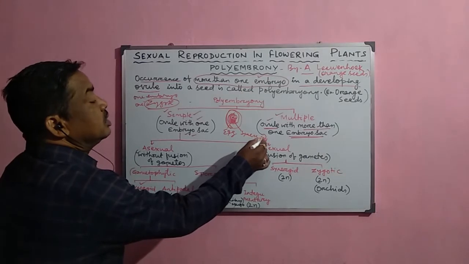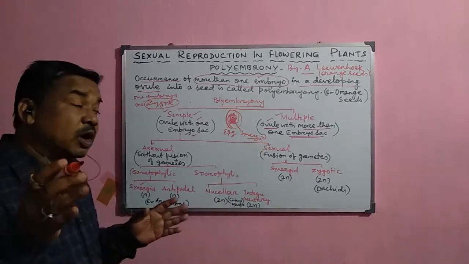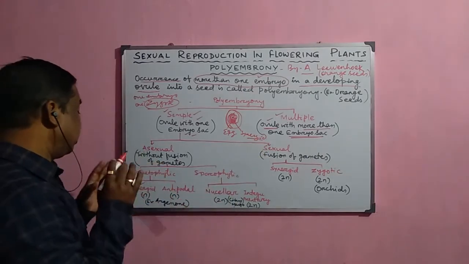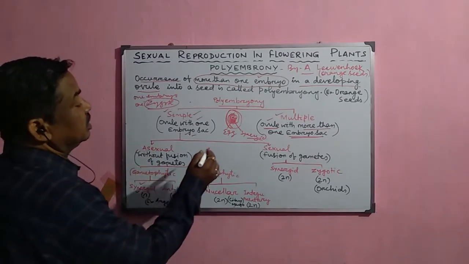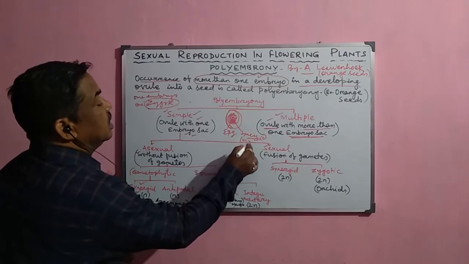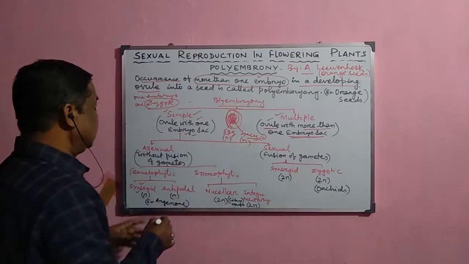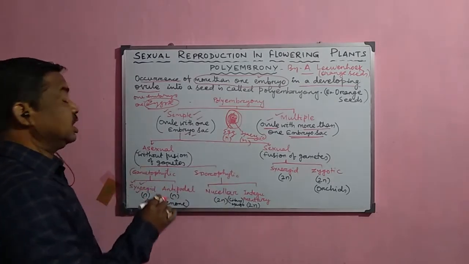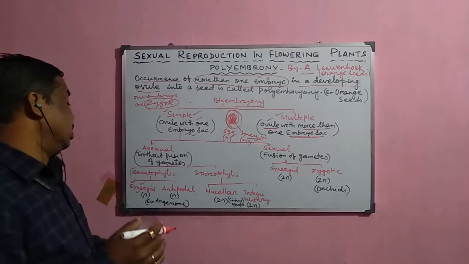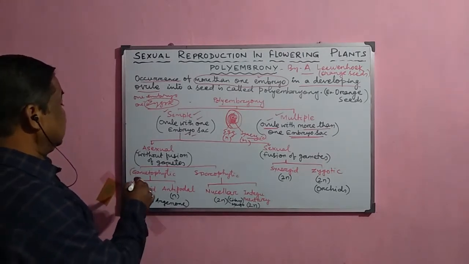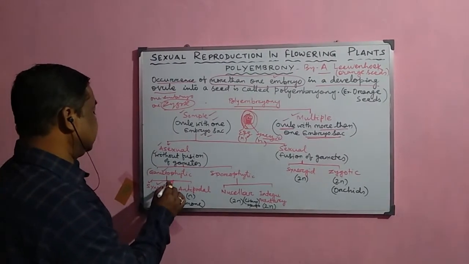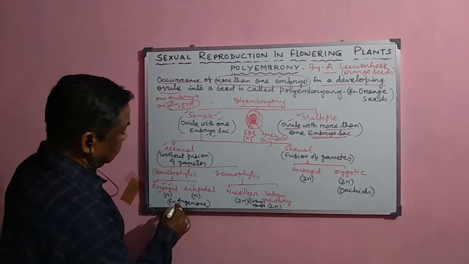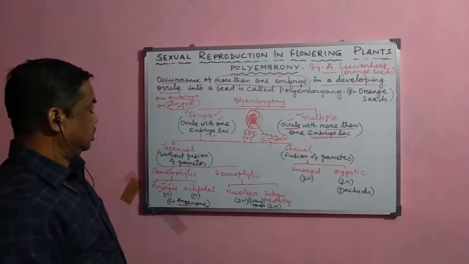If the embryos develop not from the egg cell but from the synergid cells, which are haploid in nature, then it is a case of asexual, gametophytic, synergid embryo, and it is normally observed in Argemone.